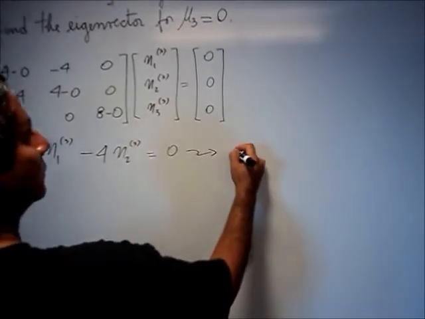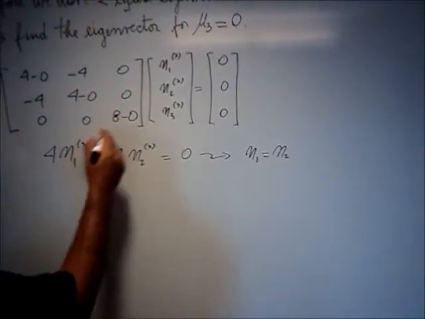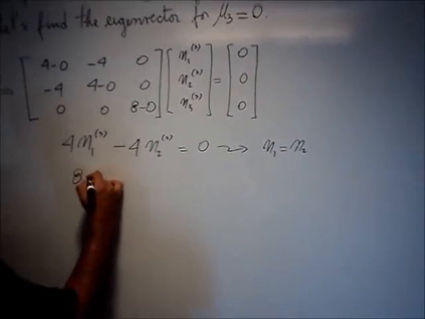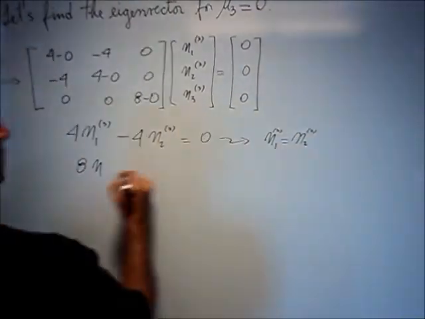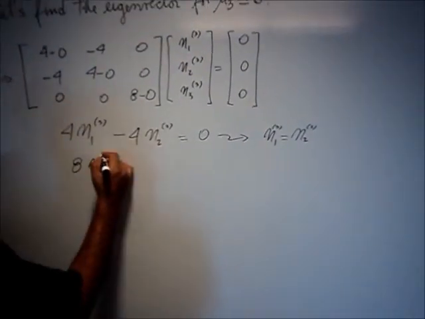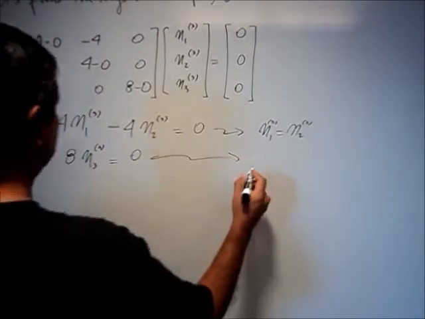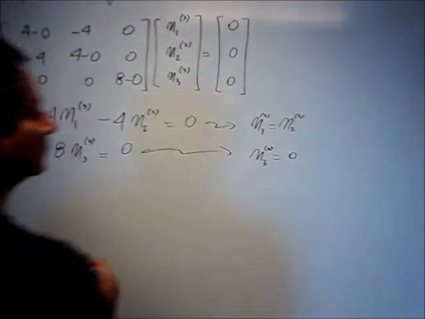That gives us n1 equals n2. On the third row we get a times n3 equals 0, and that gives us that n3 is 0.